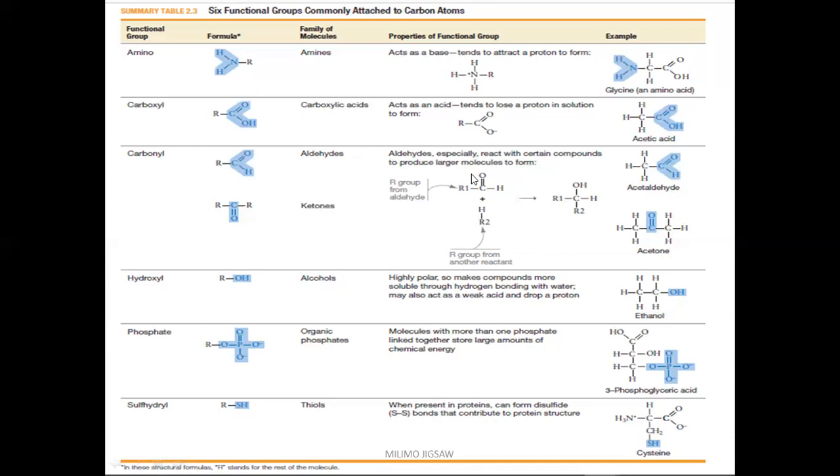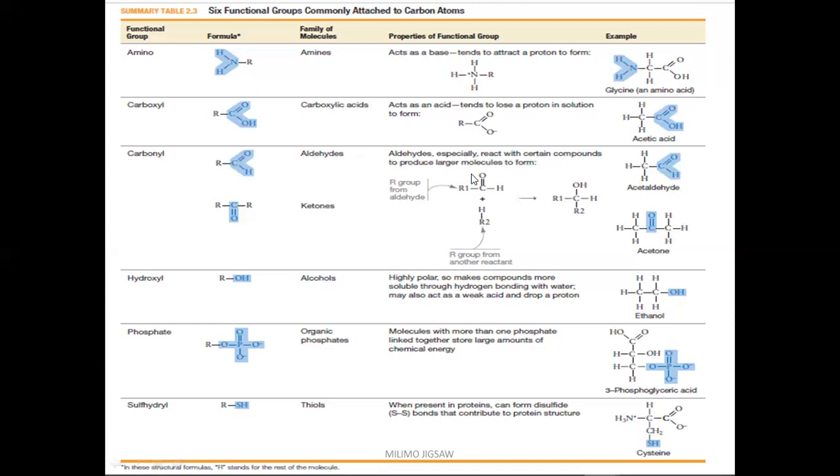Examples are acetaldehyde, from the aldehydes, and acetone, as examples of molecules with the carbonyl group. The carbonyl group is found in carbohydrates and nucleic acids.